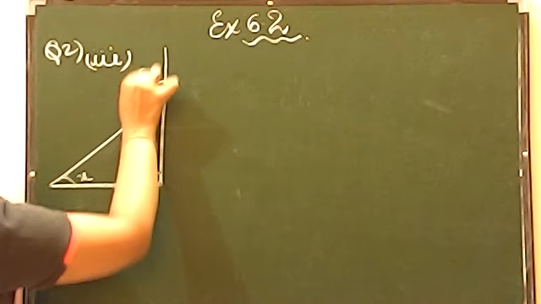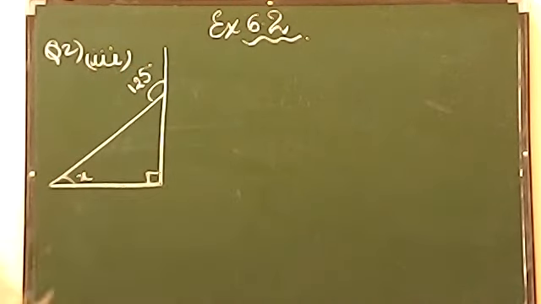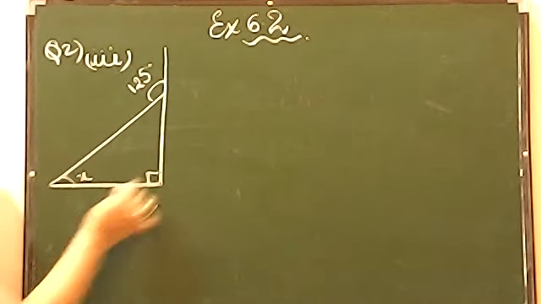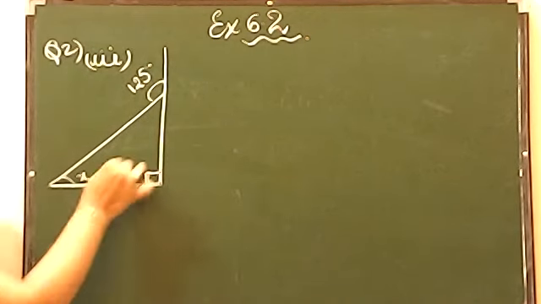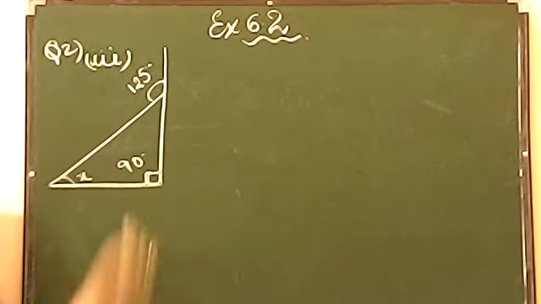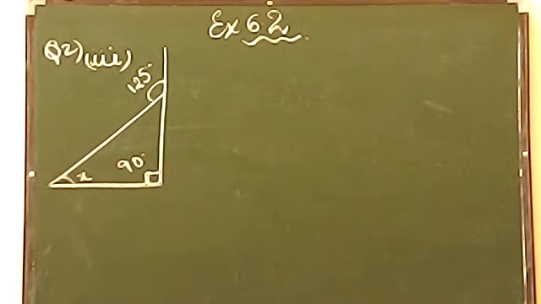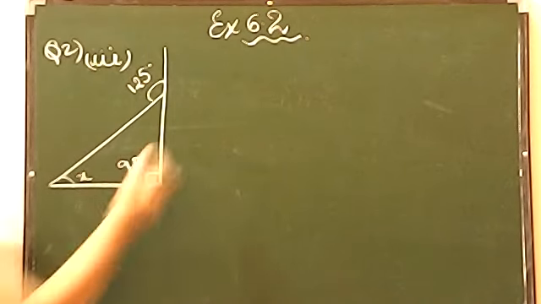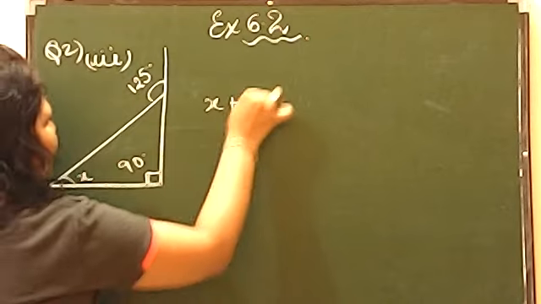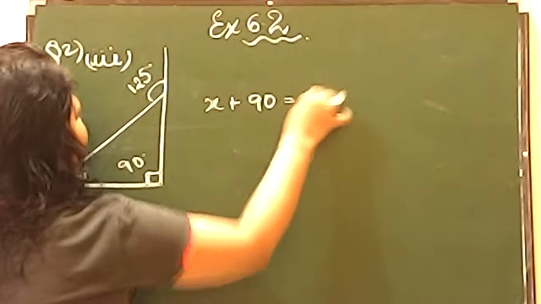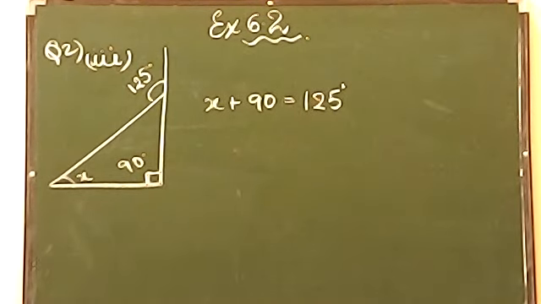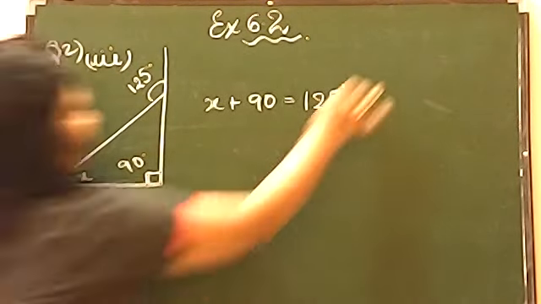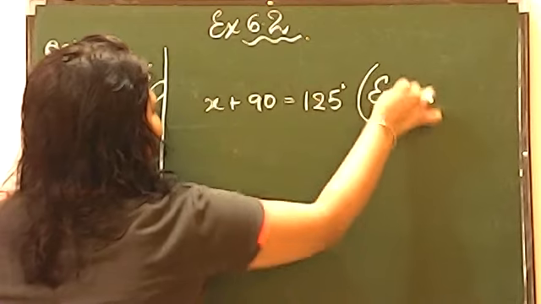Now remember, if any of the question you talk about and you will not be having any degree, और अगर आपके पास ये वाला sign mark होता है बेटा, that means you are talking about this is 90. And as soon as you will come to know that this is 90, you are knowing the question will become very simple. X plus 90 मिलाकर के you will get it 125. The property is again the same, which you will write it down in the bracket, that exterior angle property.